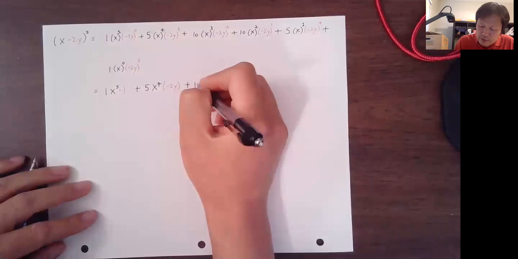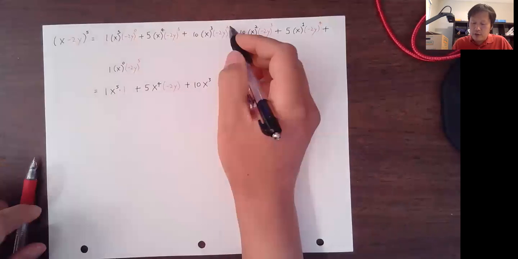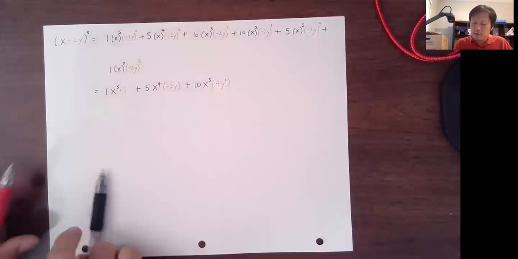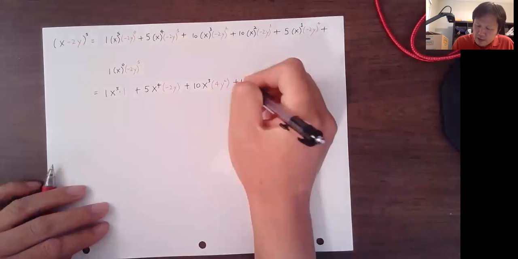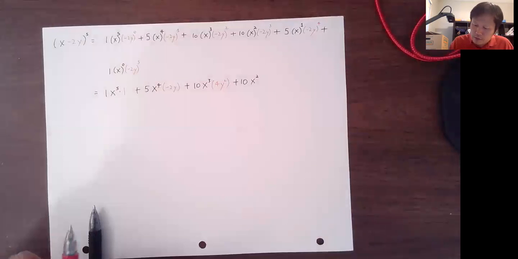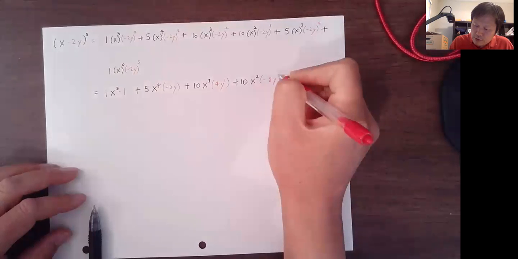Plus 10 x to the 3rd, and the second power of minus 2y will be 4y to the second power. Plus 10 x to the second, third power, that will be minus 8y to the 3rd power.